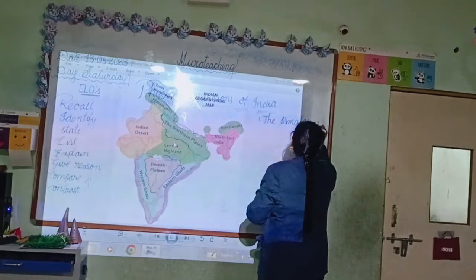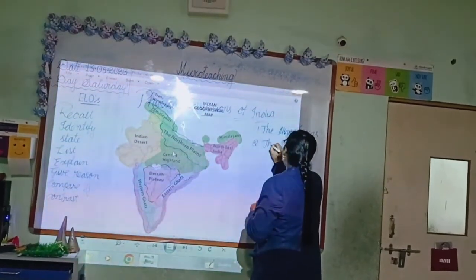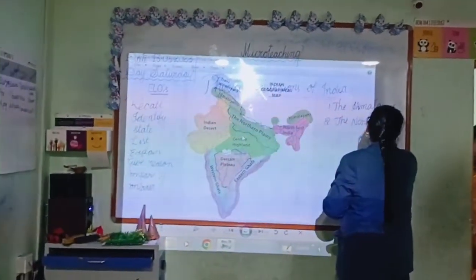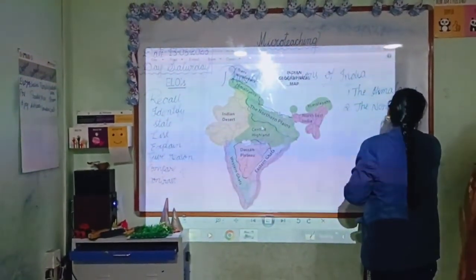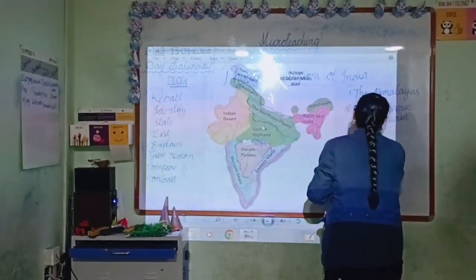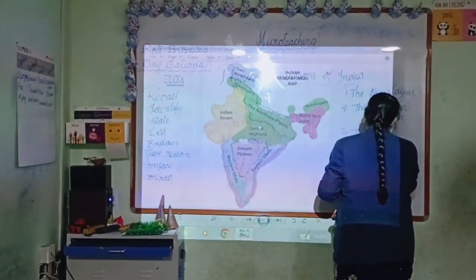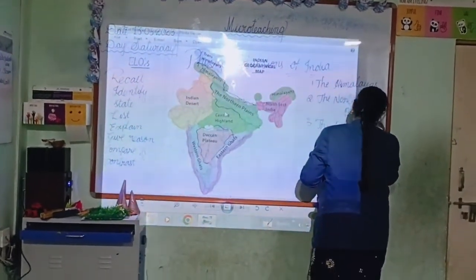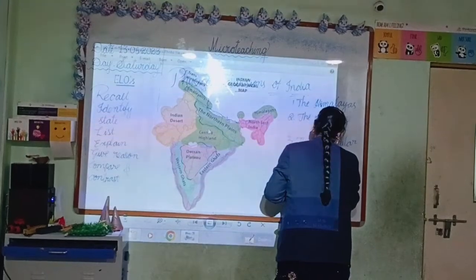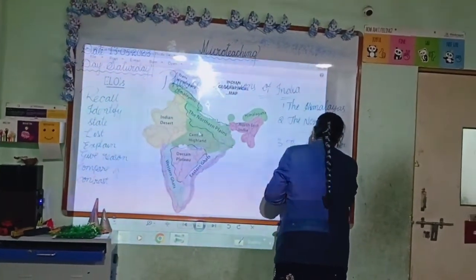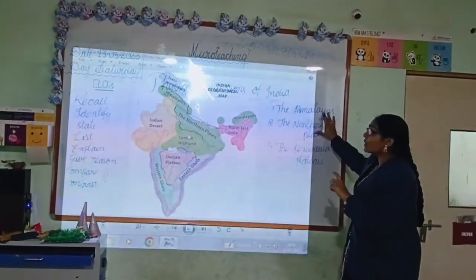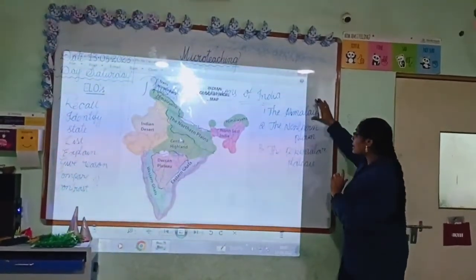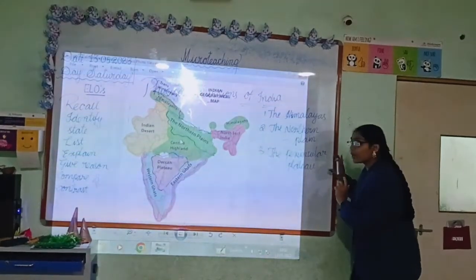The second one is the northern plains, and the third one is the peninsular plateau. These three are the major physical divisions of India.